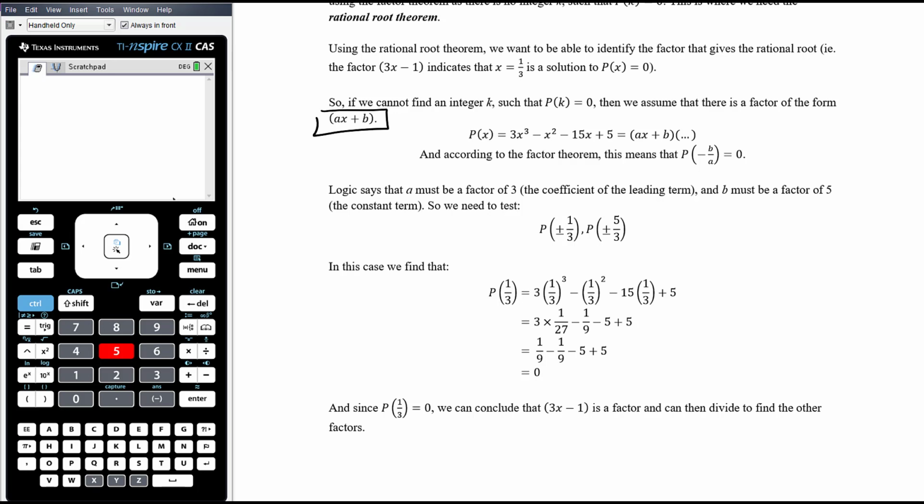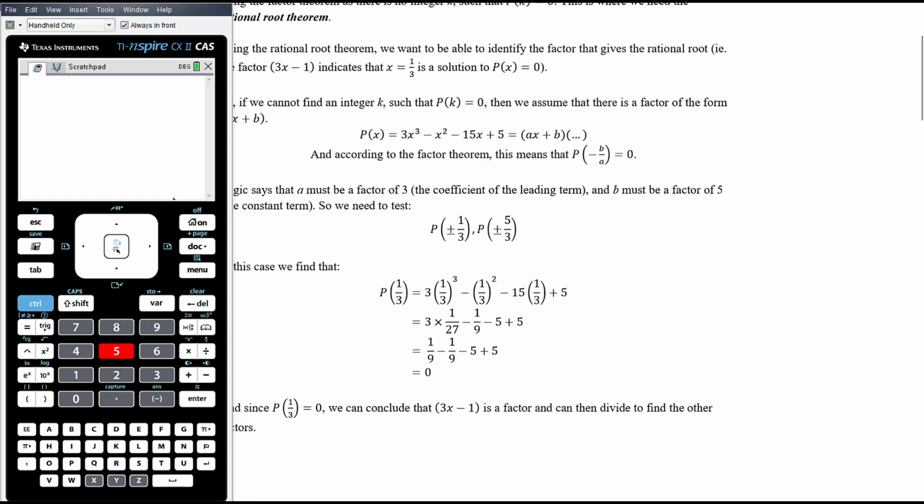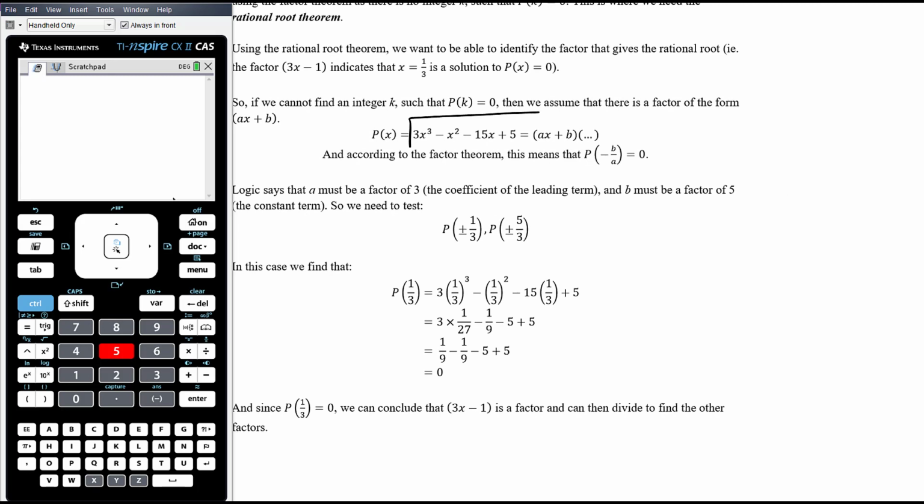According to the factor theorem, if ax plus b is a factor, that would mean that when we substitute x equals negative b on a into the polynomial, we make the polynomial equal to 0. So logic tells us, if we think about what's happening here, if these two things have to be equal, the a has to be a factor of 3.